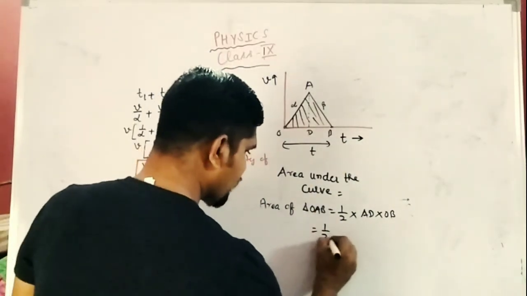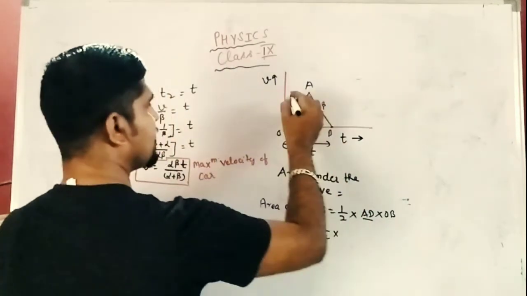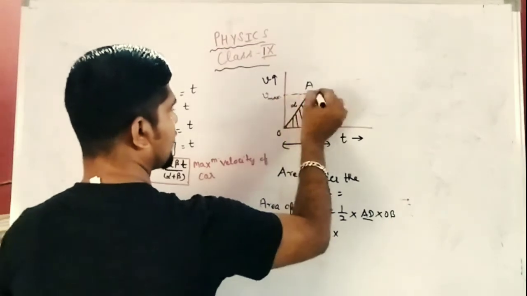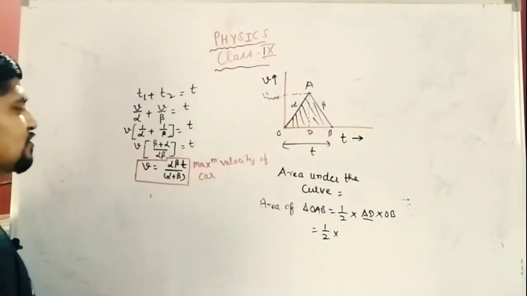So AD is nothing, it is the maximum velocity. And what is maximum velocity?